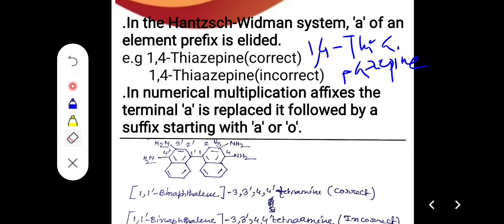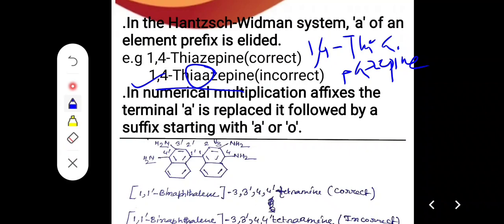But if in the combination A is not omitted, we get 1,4-thia-azepine, and that is the incorrect approach, because two A's are placed together. That is the Hantzsch-Widman system.